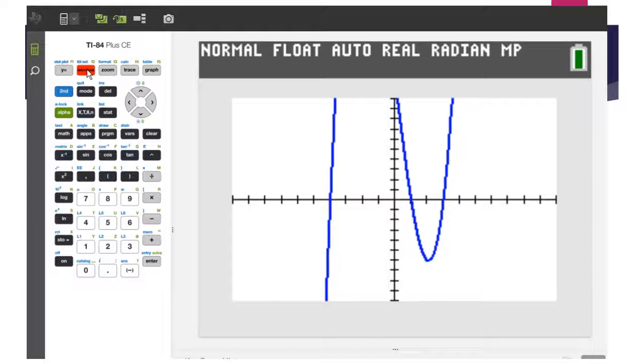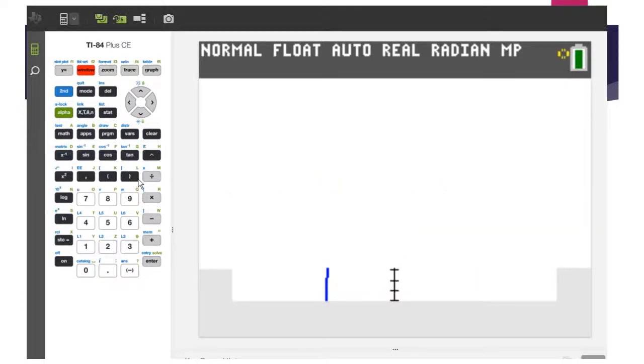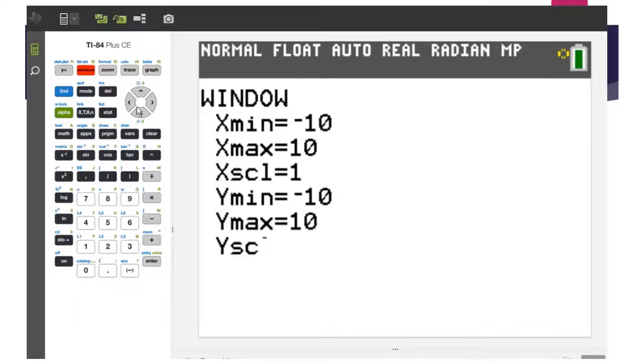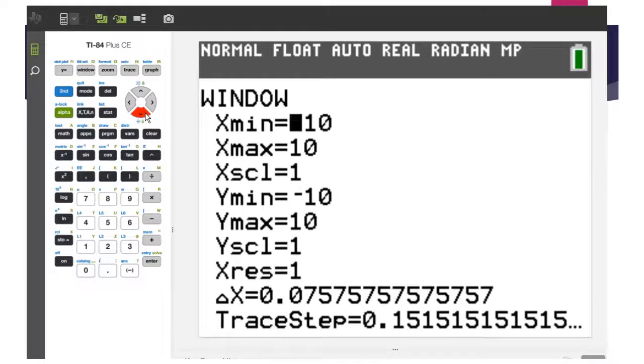I need to see more of the top of the screen, so I'm going to go to window and change the y max from 10 to, let's do 30 and see if that would work. So I'm going to go to y max and change the y max to 30.